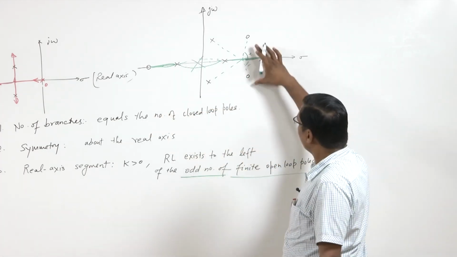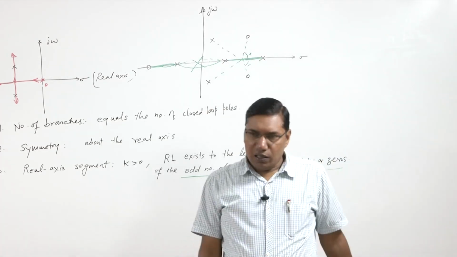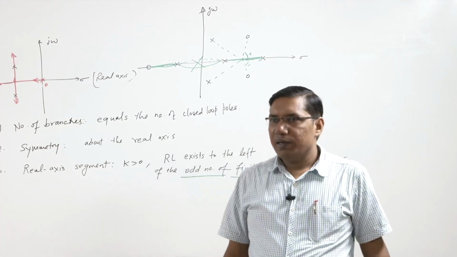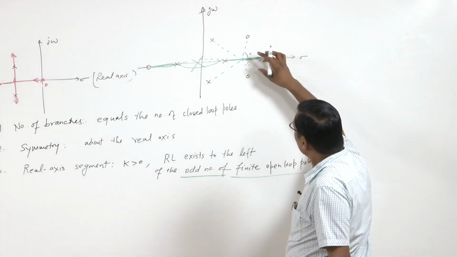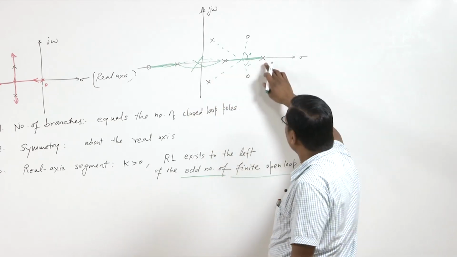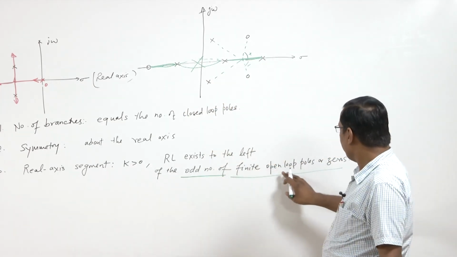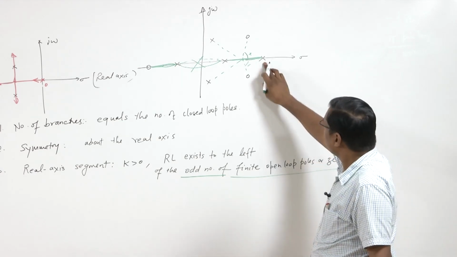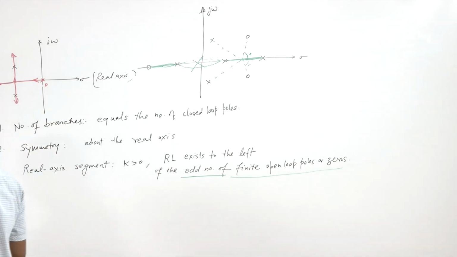And we see that because complex poles and zeros nullify the angle effect, we only consider the real axis poles and zeros.